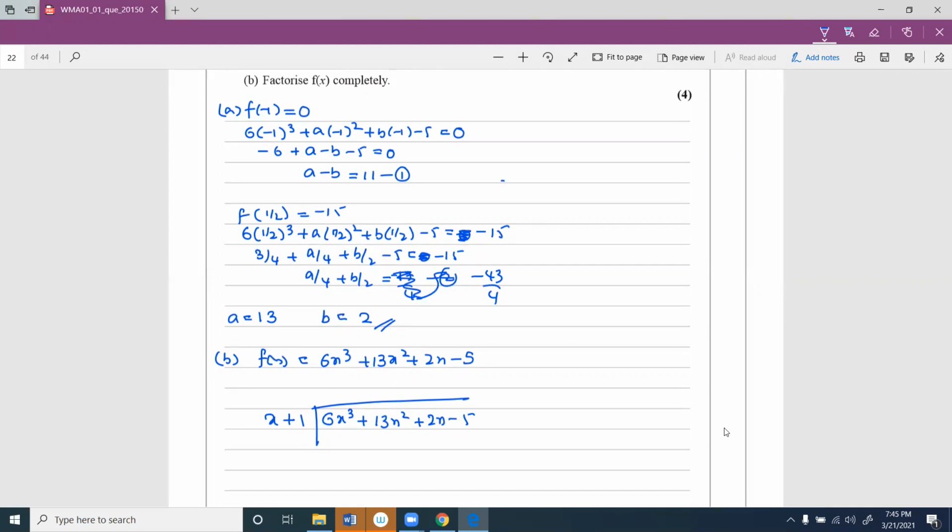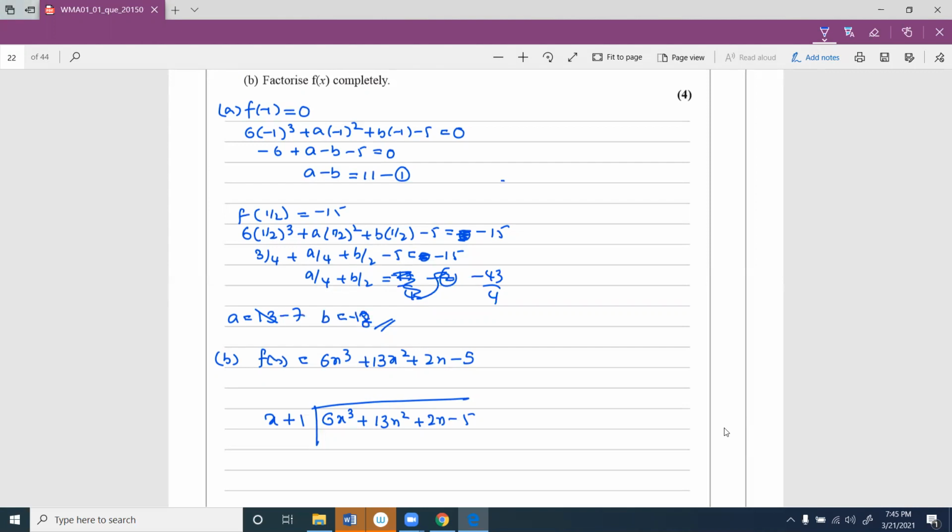Then it is 1, minus 1 and 11, and this is 1 over 4 and 1 over 2 and minus 43 over 4. Sorry, this is minus 7 for that, and the next one is minus 18.